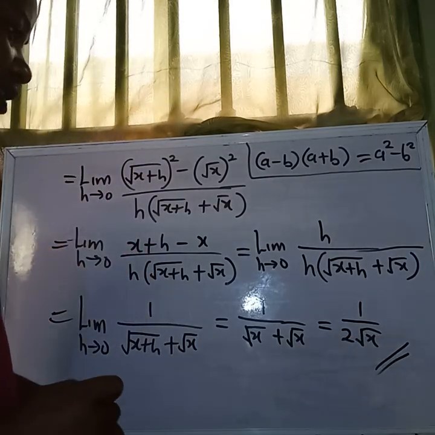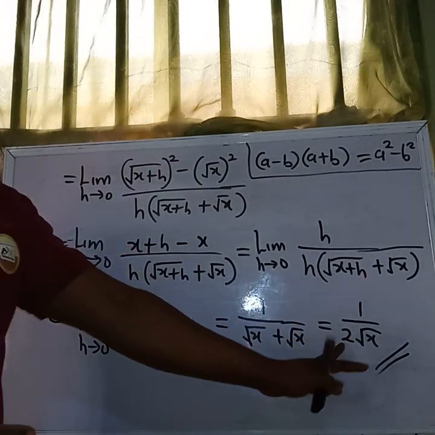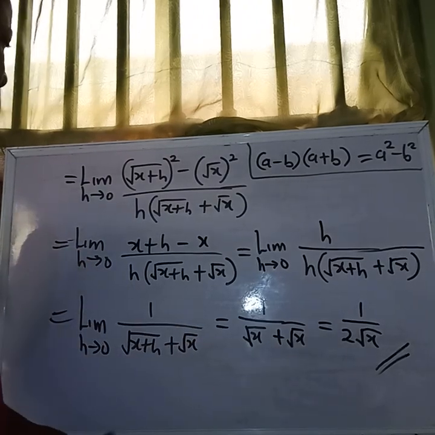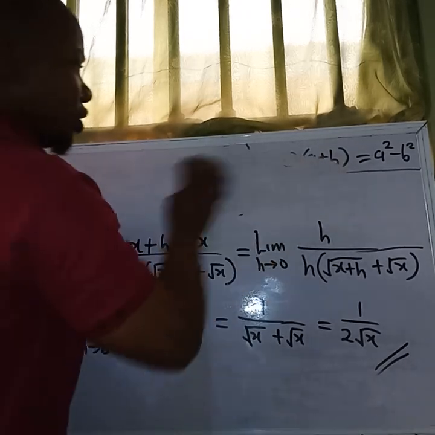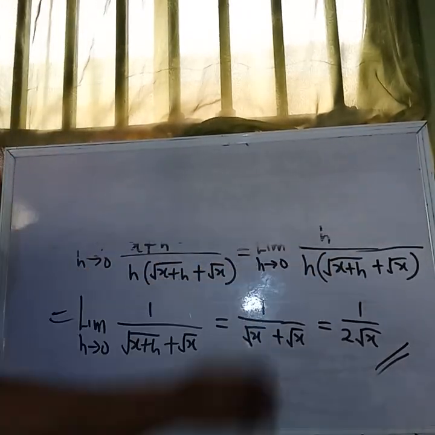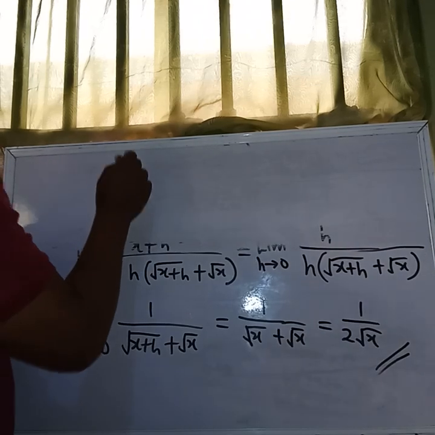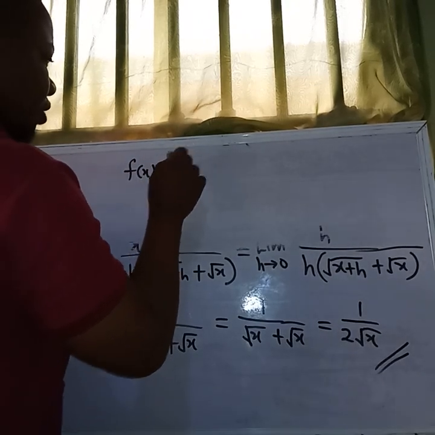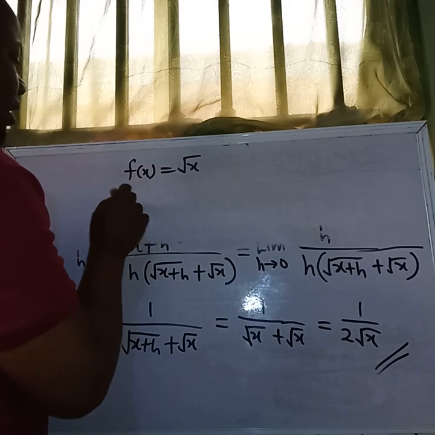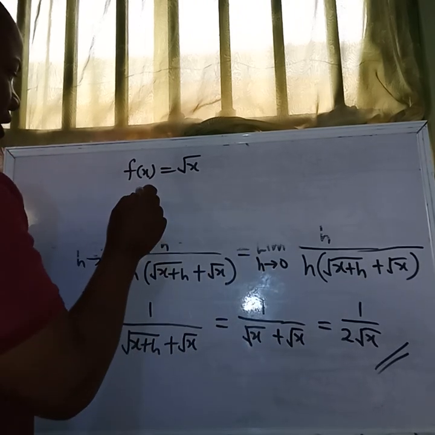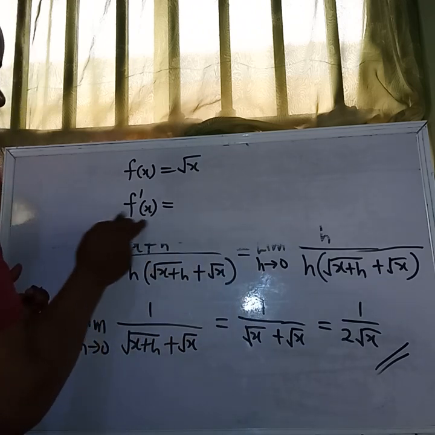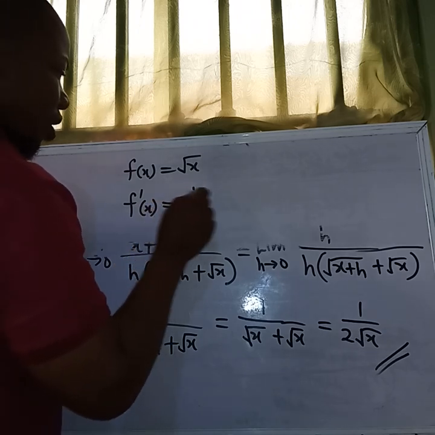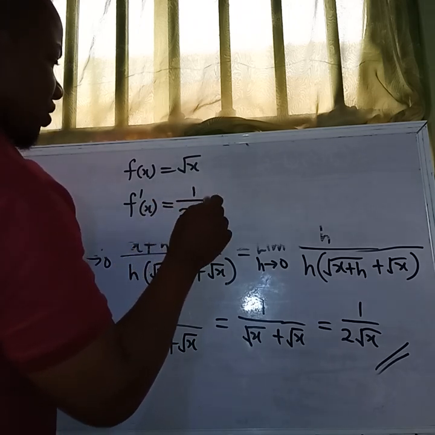Now let's see the domain of this derivative and compare it to the original function. You will recall that we are given the function f of x to be the square root of x, and according to what we solved, the function f prime of x is 1 over 2 square root of x.